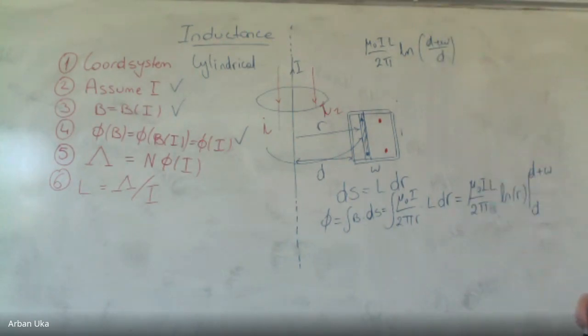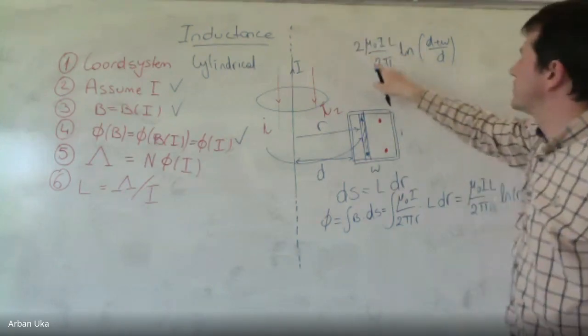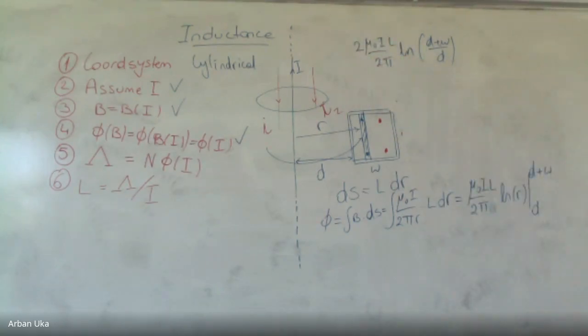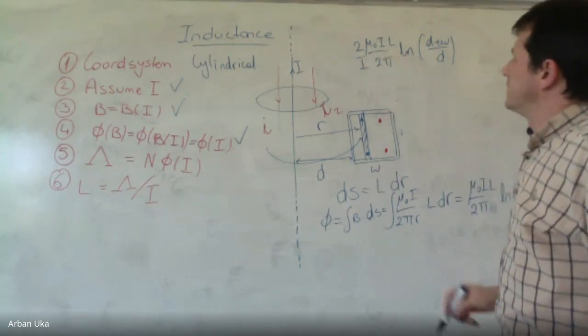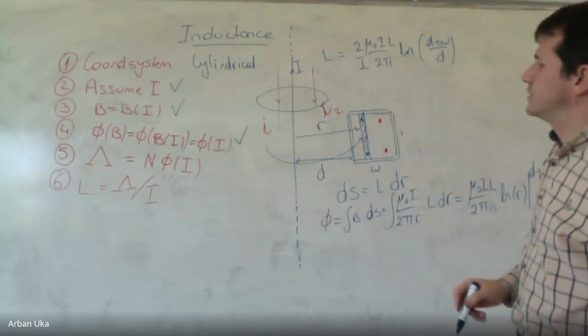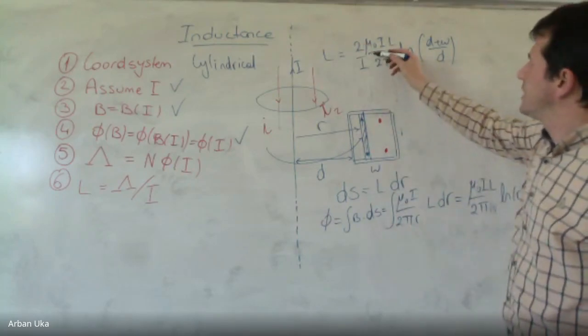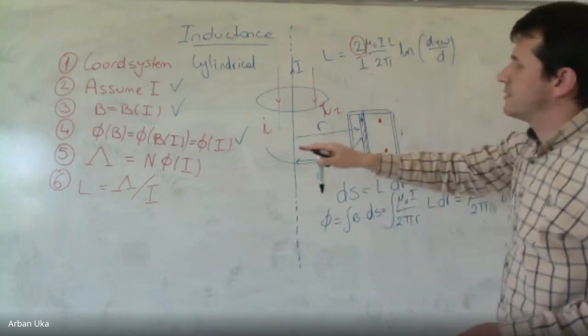This was the flux. The flux linkage we multiply by 2, okay, which is going to cancel this 2 down here, but we keep it for the moment. And then we divide by the current, okay? So this is going to be our L. So it looks like we found it, because by multiplying with this 2, we covered step 5.